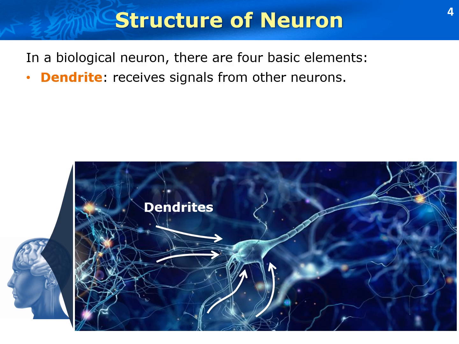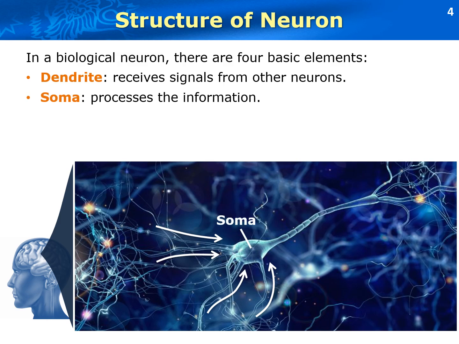The second part is cell body, also known as soma, which aggregates the input from dendrite and processes this information. It is like a CPU or a calculator.